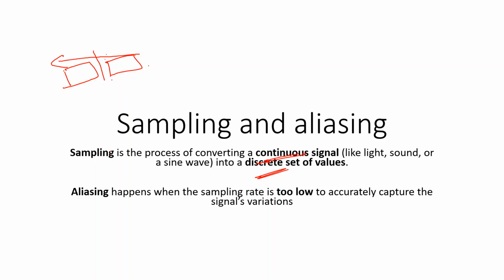Aliasing is bad, and we want to avoid it in order to process the image further. So that's what is mentioned here: aliasing happens when the sampling rate is too low to accurately capture the signal variations. The car or train is moving very fast, but we are unable to capture with high frequency. Our sampling rate is very low, so aliasing happens.